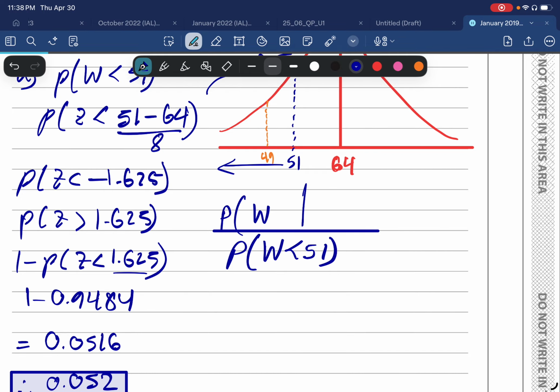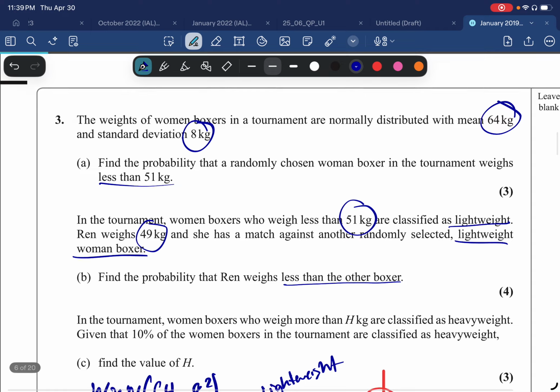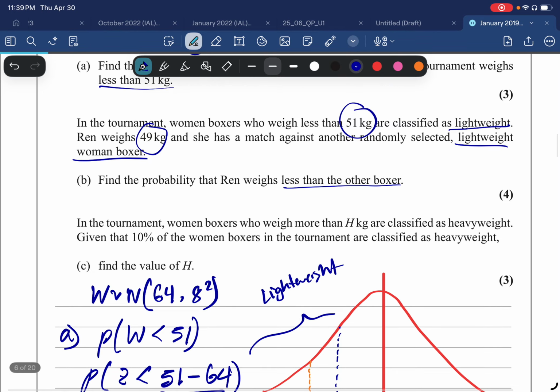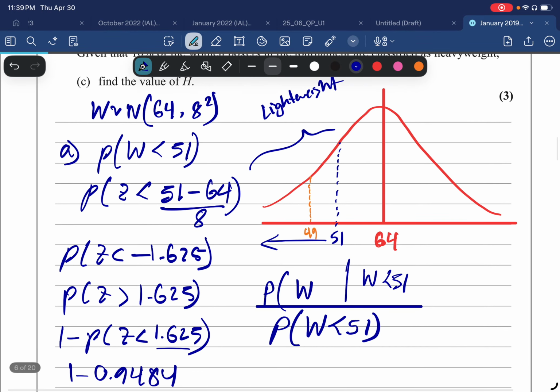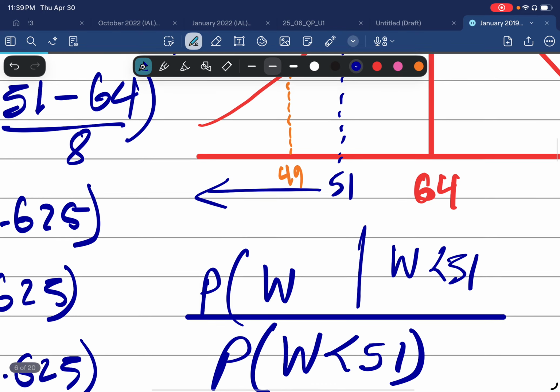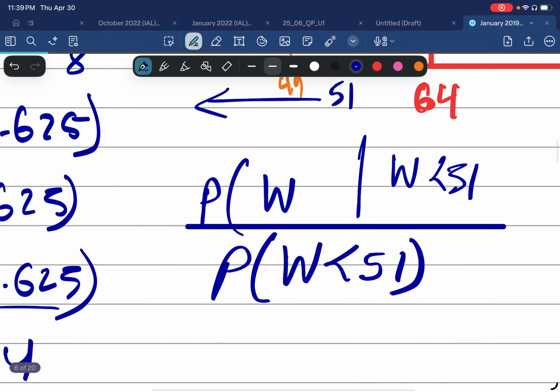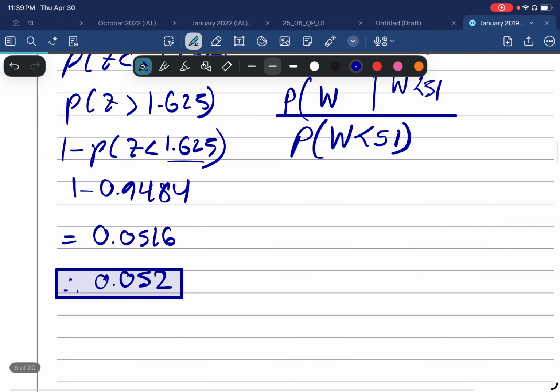And given that, Ren weighs less than the other boxer. So we know the probability that, what was this again?